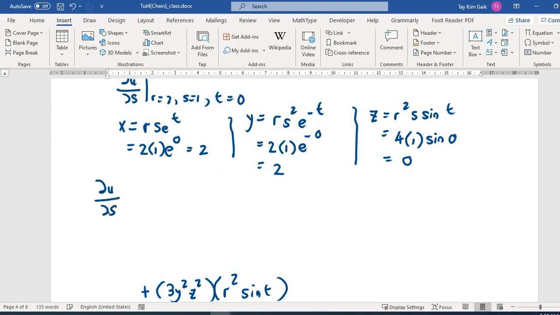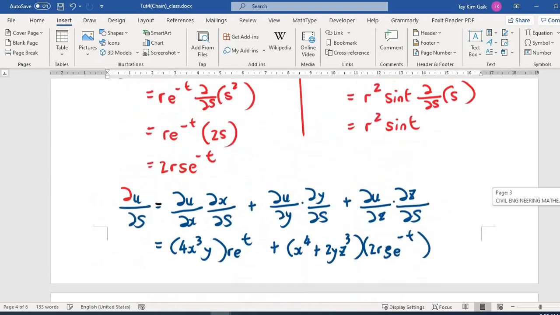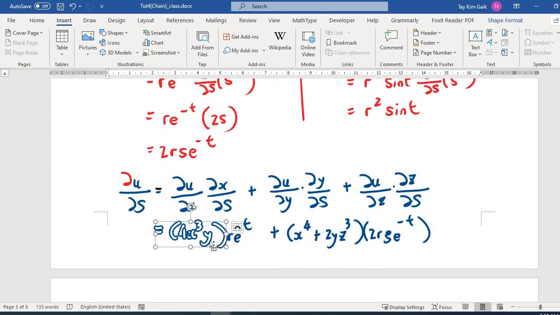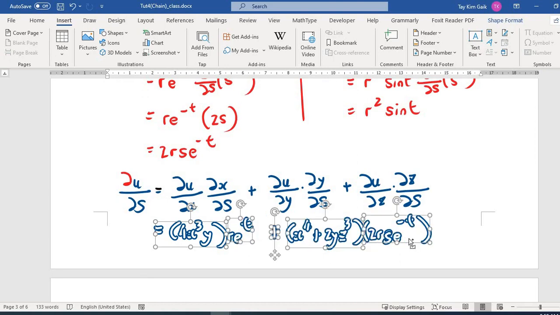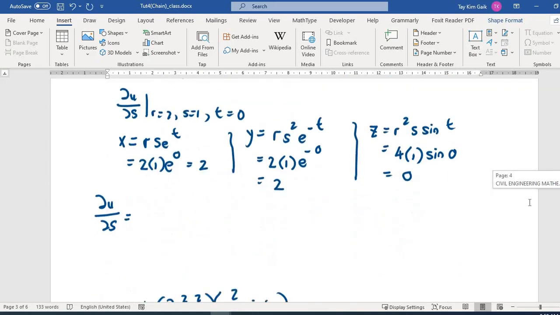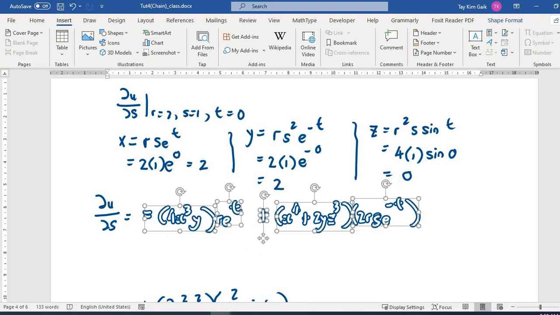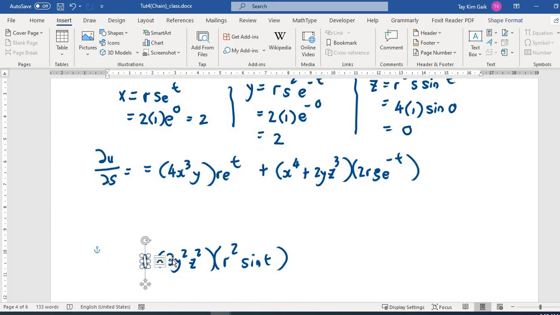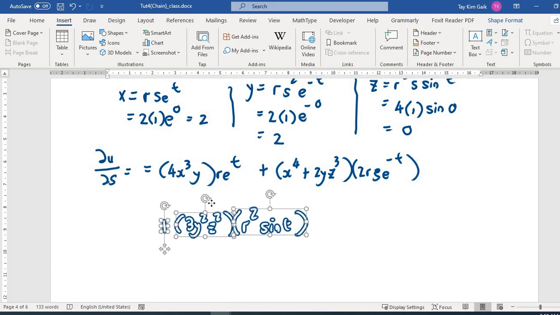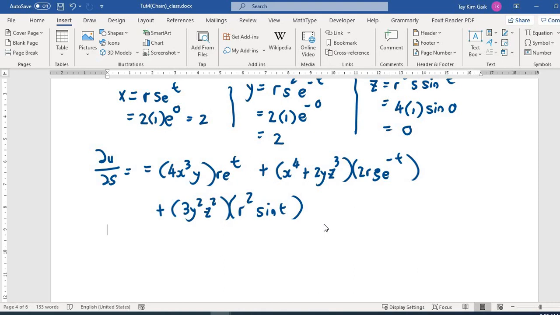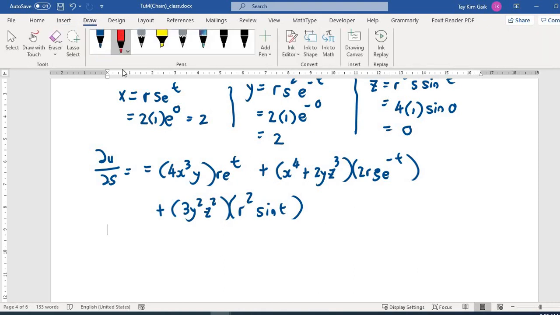Del u del s equals this. Now we are going to plug in the x, y, z values. R is 2, t is 0, s is 1.